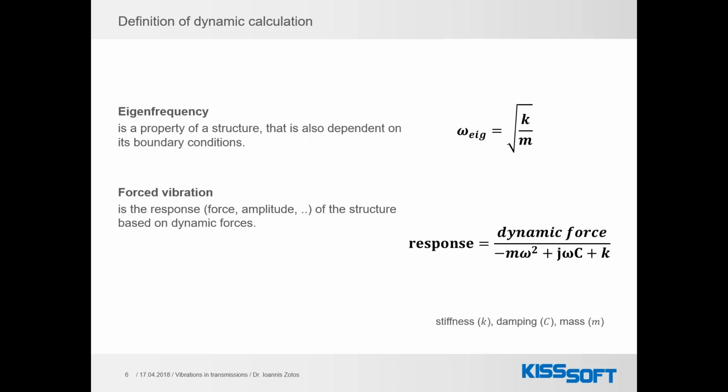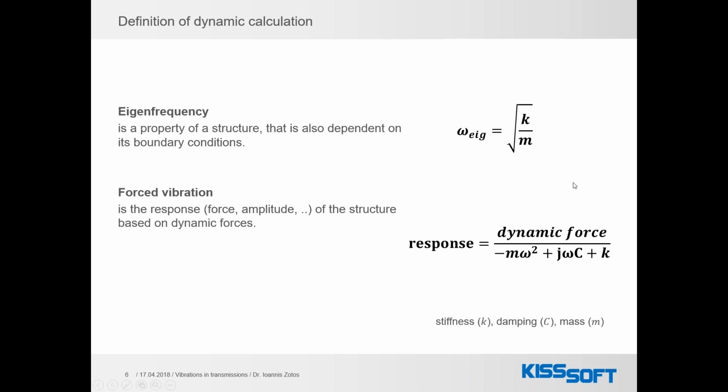I will just show very simple equations today, in order to understand the same language. So the eigenfrequency of a spring and mass system, a very simple system, is given by this equation.